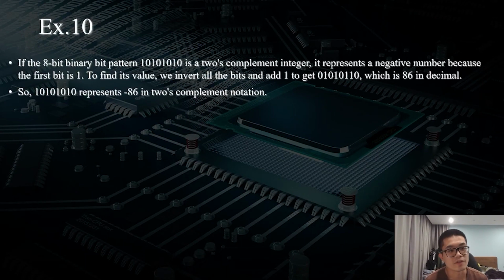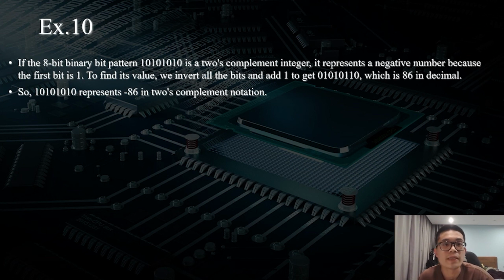Next, we will move to exercise 10. If the 8-bit binary pattern 10101010 is a two's complement integer, it represents a negative number because the first bit is 1.